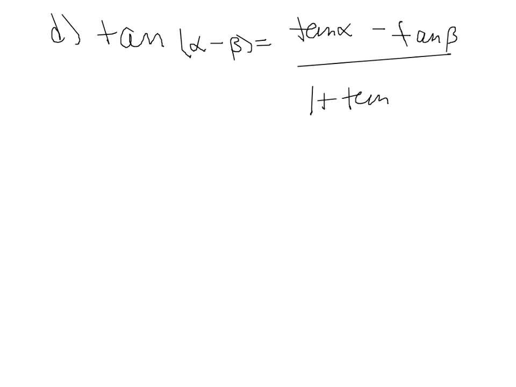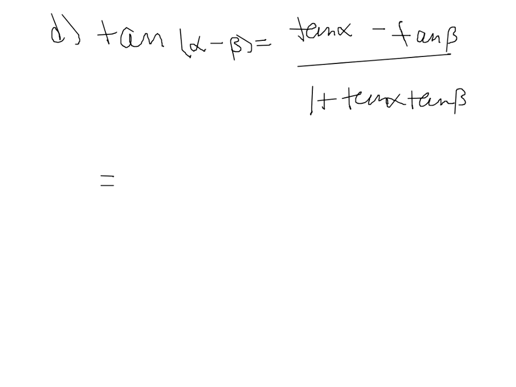Okay, last one for number 5, tangent of alpha minus beta. So looking at the formula sheet, we see that tangent alpha minus beta is tangent alpha minus tangent beta divided by 1 plus tangent alpha times tangent beta.